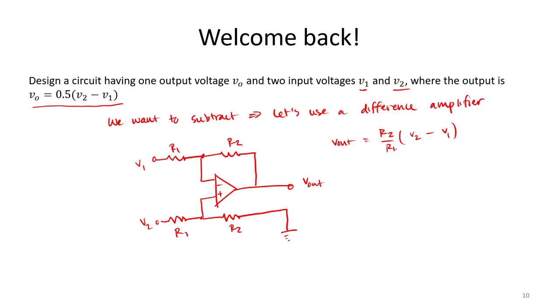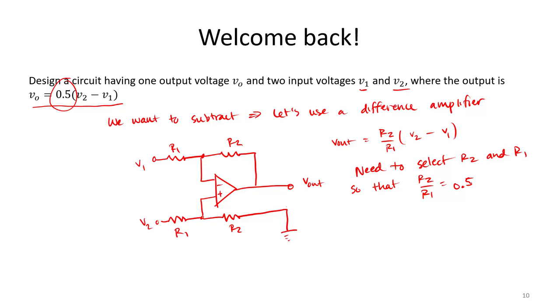In this case, we need to select R2 and R1 so that R2 divided by R1 gives us that 0.5 that we need.